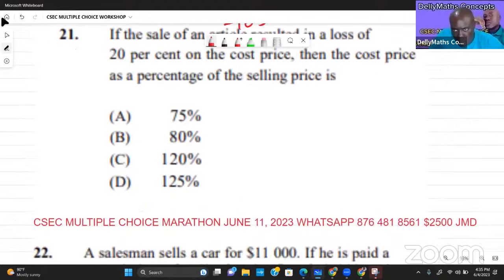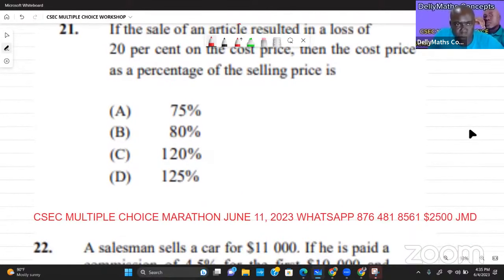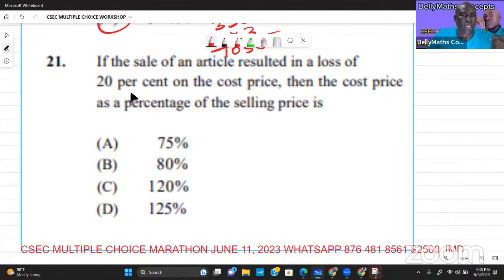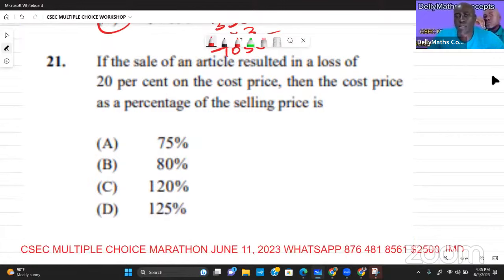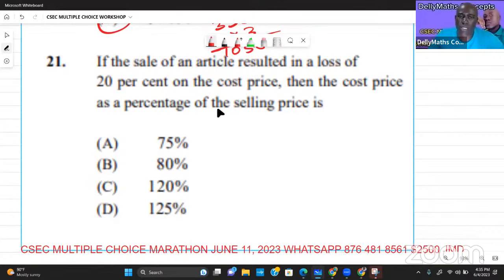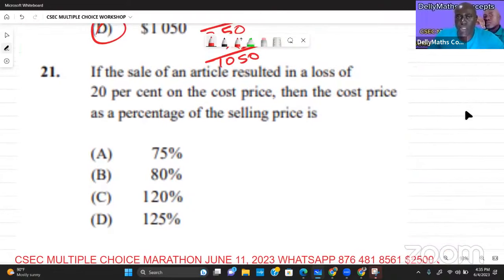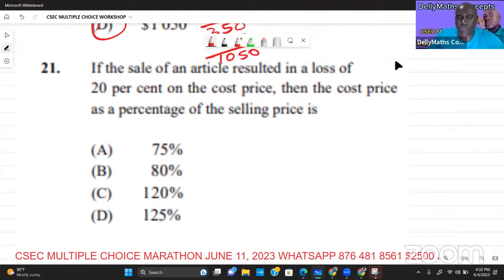All right, 21. Number 21 says, if the sale on an article resulted in the loss of 20% on the cost, then the cost price as a percentage of the selling price is what? All right? So let's take a look at what they're saying.